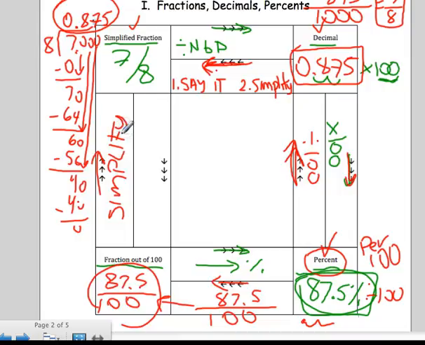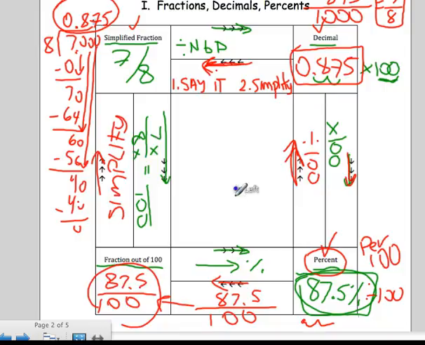If you then wanted to get from 7/8 to this fraction out of 100, what you would need to do is figure out how you get a denominator of 100. So if I start with 7/8, what do I need to multiply both by to get this fraction out of 100?